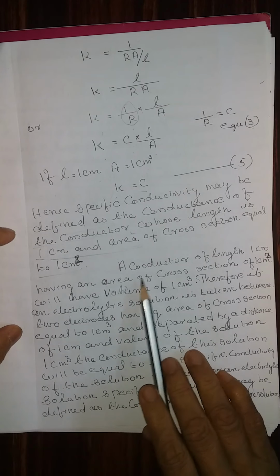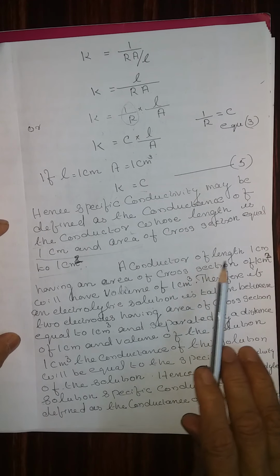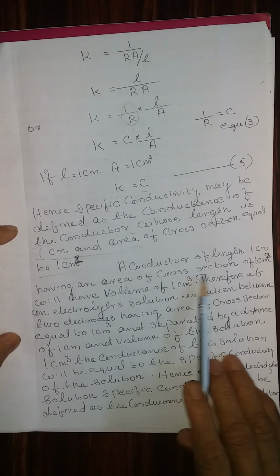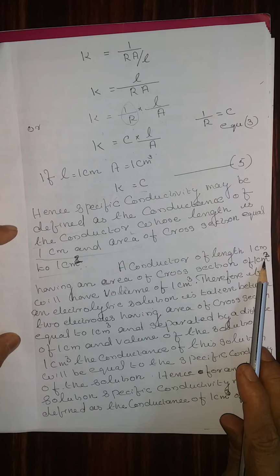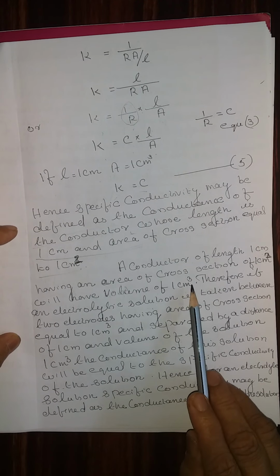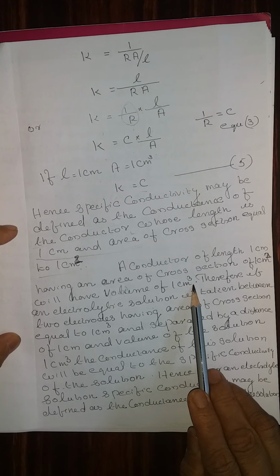A conductor of length 1 centimeter and having an area of cross section 1 centimeter square will have the volume of 1 centimeter cubed.